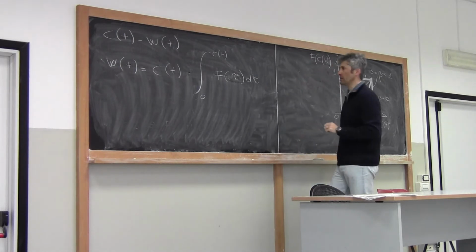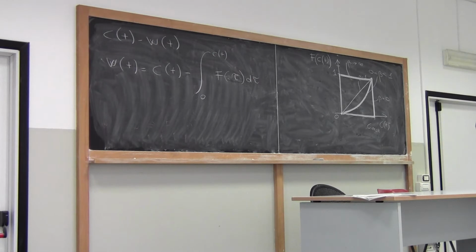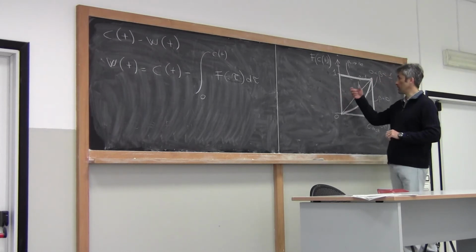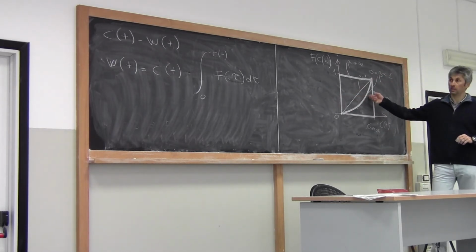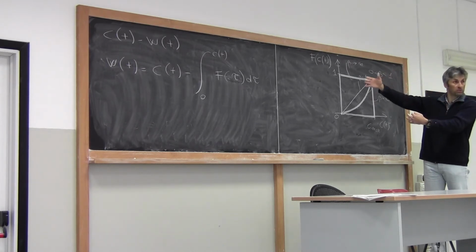I want to make this clear. So far it's not clear. Where f is our relationship here, which is given by the relationship that I wrote on the blackboard.